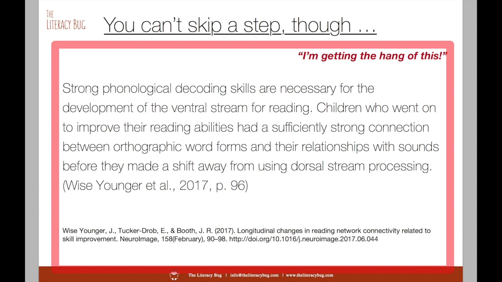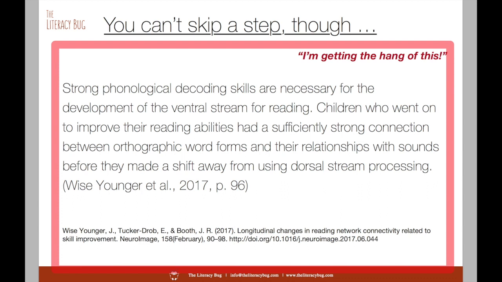Strong phonological decoding skills are necessary for the children to develop the ventral stream for reading. So children who went on to improve their reading abilities had a sufficiently strong connection between orthographic word forms and their relationships with sounds before they made a shift away from using that sounding out mechanism, or the dorsal stream processing, neurologically.